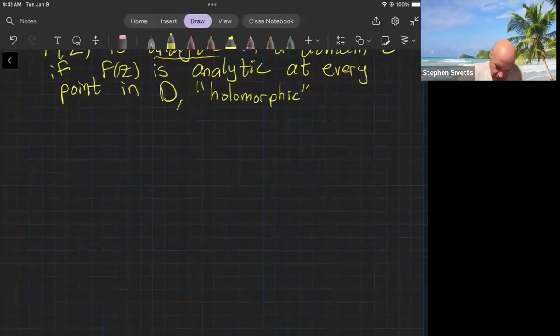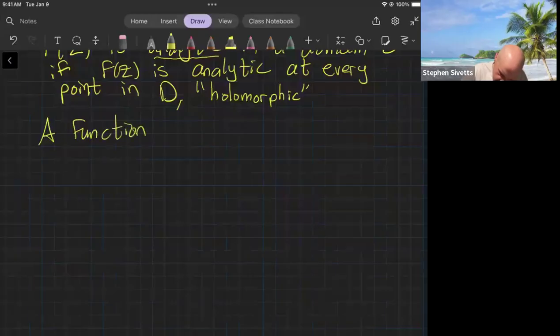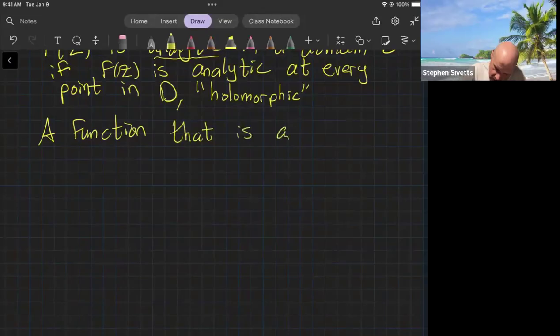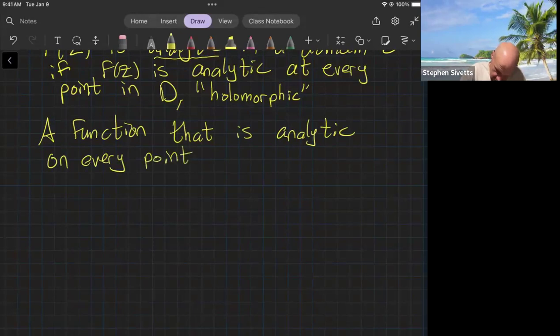Also, a function that is analytic at every point in the complex plane is what's called an entire function.